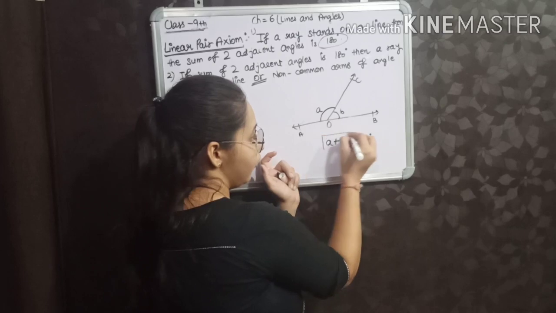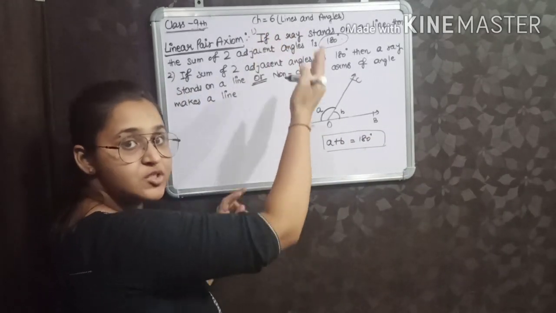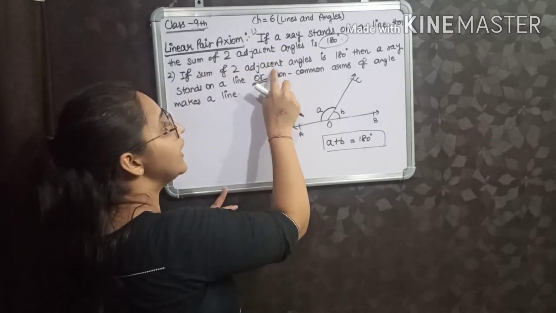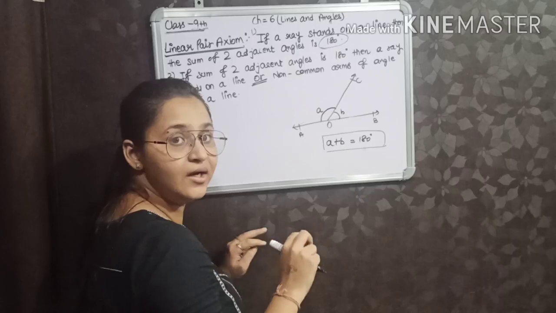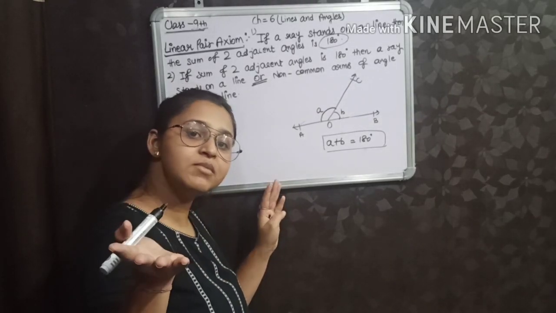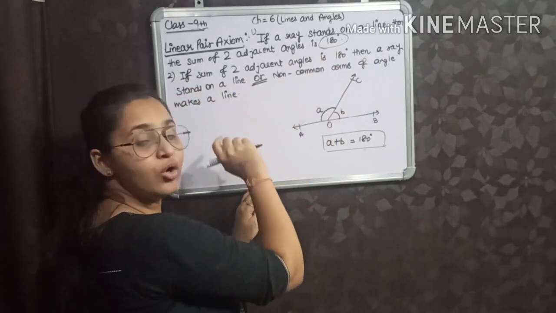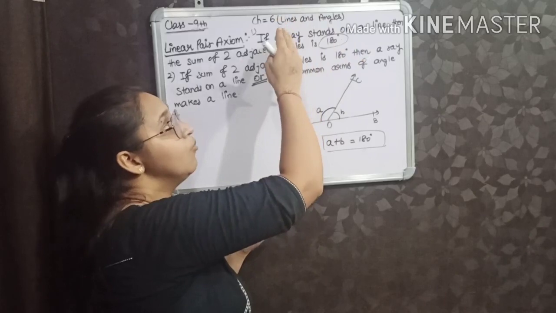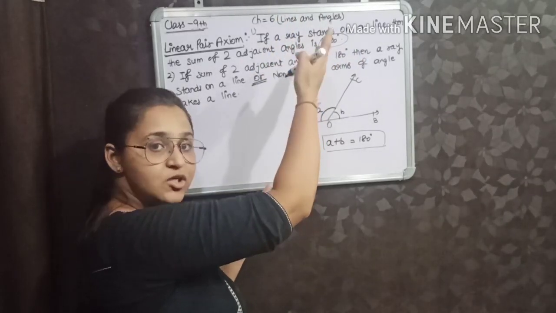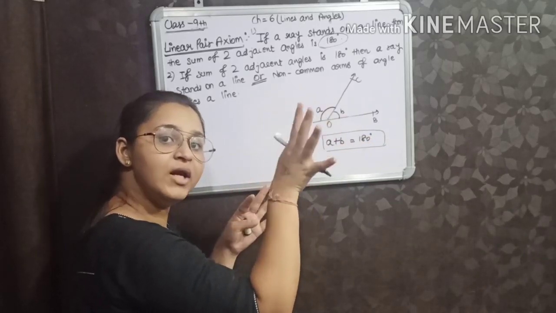Now, what about the second part? The second part is the converse. Converse means opposite. If the sum of two adjacent angles is 180 degrees, meaning you have two adjacent angles and the sum is given to be 180 degrees, then a ray stands on a line. It means we are moving in the opposite direction. First we had a ray standing on a line, so the sum of the adjacent angles was 180 degrees.